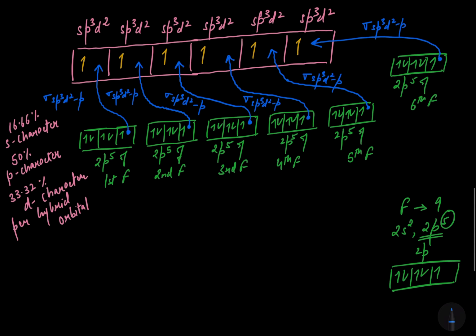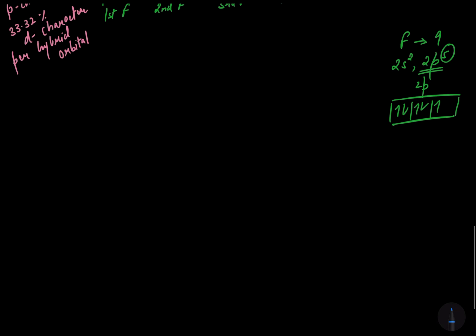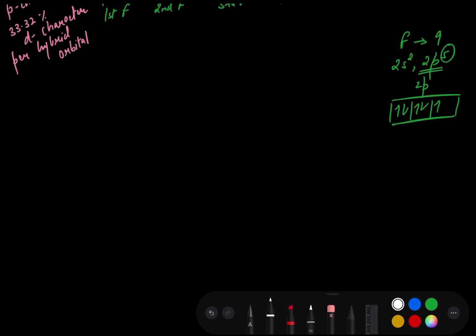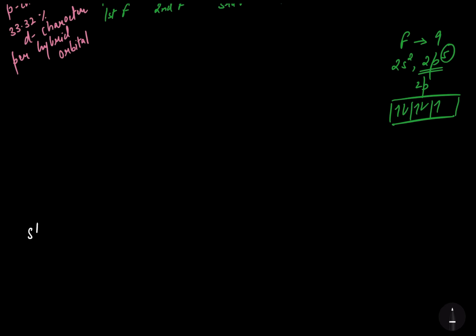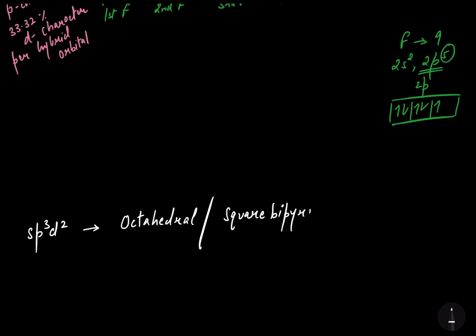Now let's talk about the structure. We got the hybridization to be sp3d2. The standard structure for sp3d2 hybridization is octahedral. The another name for octahedral is square bipyramidal.